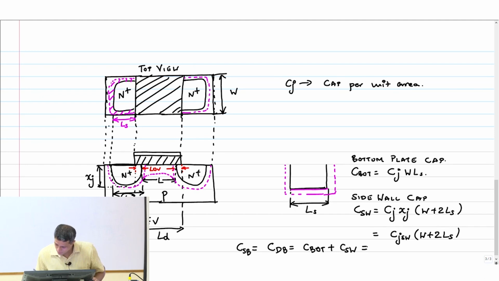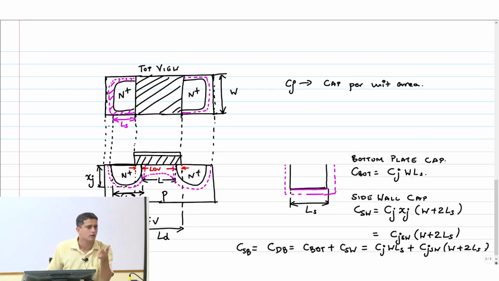So how much is that? It is CJ into W Ls plus CJSW into W plus 2Ls. Now why didn't they combine CJ into Ls? Ls also is fixed. Why didn't they combine CJ into Ls as a technology constant?